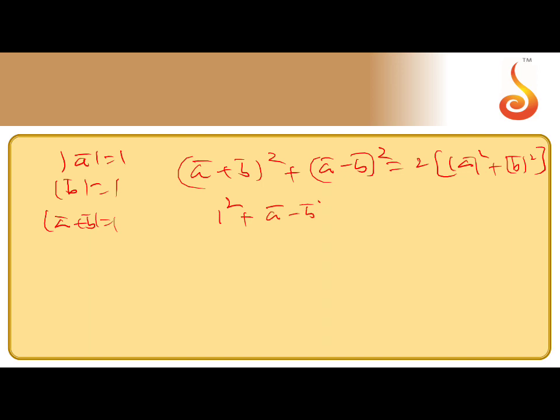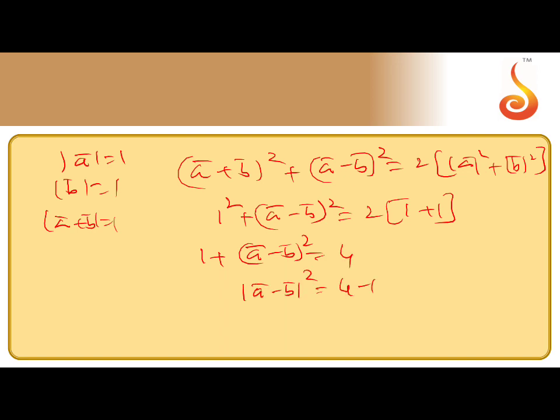So (A bar minus B bar) whole square equal to 2 into (1 plus 1). So that means (A bar minus B bar) whole square equal to 2 into 2, 4, minus 1. So modulus A bar minus B bar whole square equal to 3. So therefore modulus of A minus B equal to root 3, the answer.